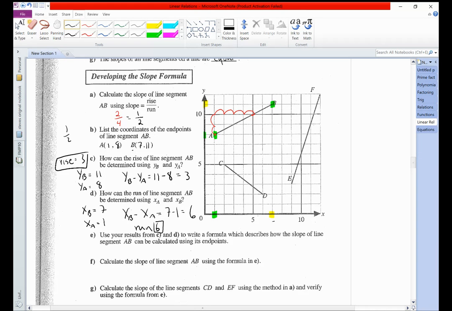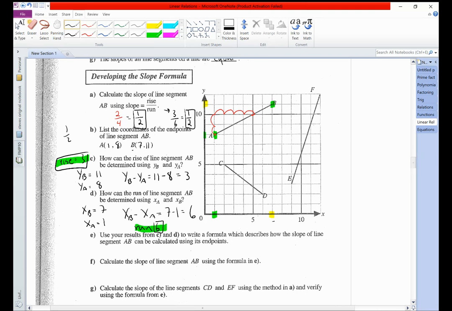Before we write the formula, I just want to point out that if we use the rise and the run that we calculated, we're going to get rise over run, which is 3 over 6. And if we reduce that, we will get 1/2. So the slope ends up being the same.